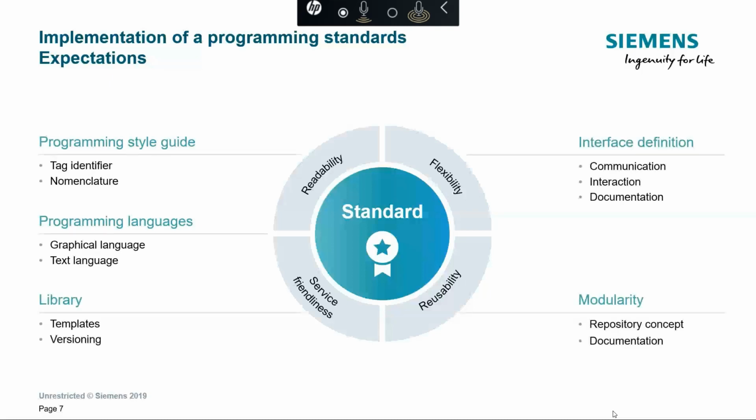If we look at programming an S7-1200 or an S7-1500 PLC from within TIA portal, we could make use of multiple programming languages. We could do it in, of course, ladder diagram or FBD or SCL, sometimes even STL or HiGraph.